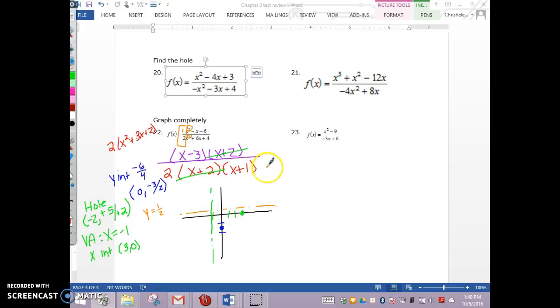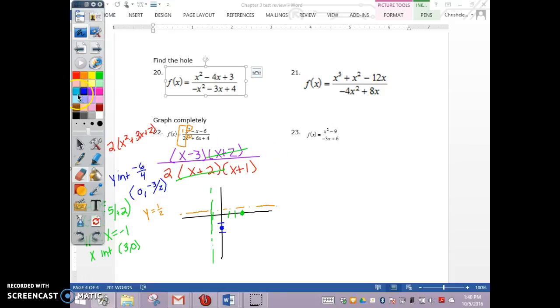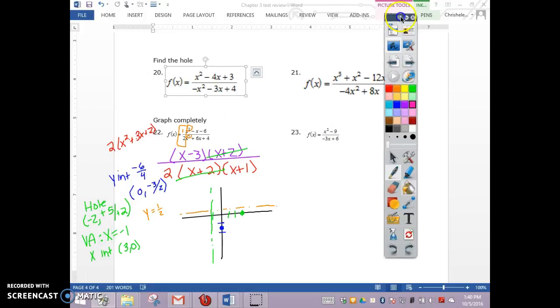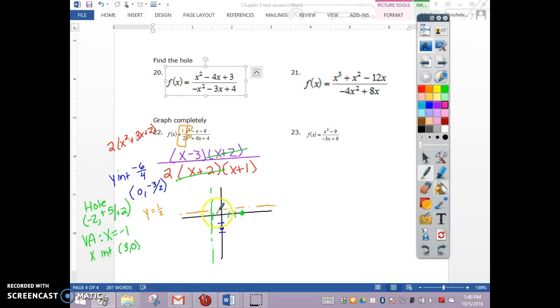What else didn't I do? Oh, hole at negative 2, 2.5. There. That's it. Connect.